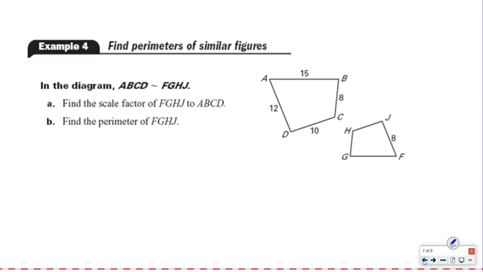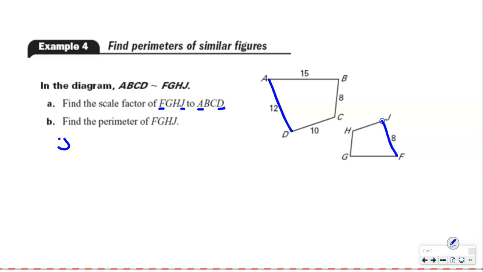So let's find the scale factor. The only side length we know on FGHJ is 8 on JF. If we look at our similarity statement, J and F match up with D and A. So side length AD, or DA, is our corresponding side.